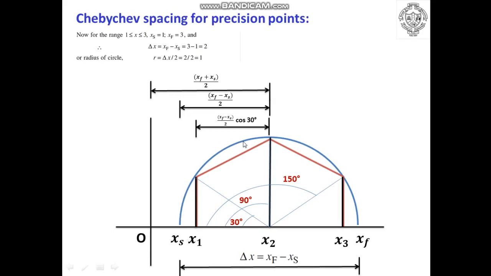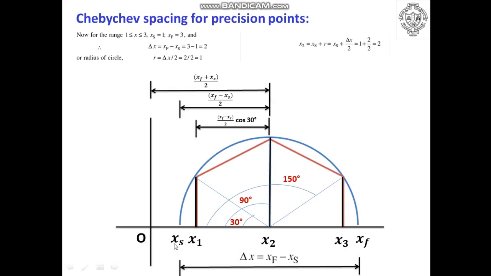So we have to draw a circle considering the diameter equal to 2, and then we will find out the various points. When you are calculating x2, the formula is xs plus r. Now let us try to understand this formula using graphics. If I want to find out x2, I will consider the distance from O to xs, and then I will consider the radius, because the distance between xs and x2 is the radius.